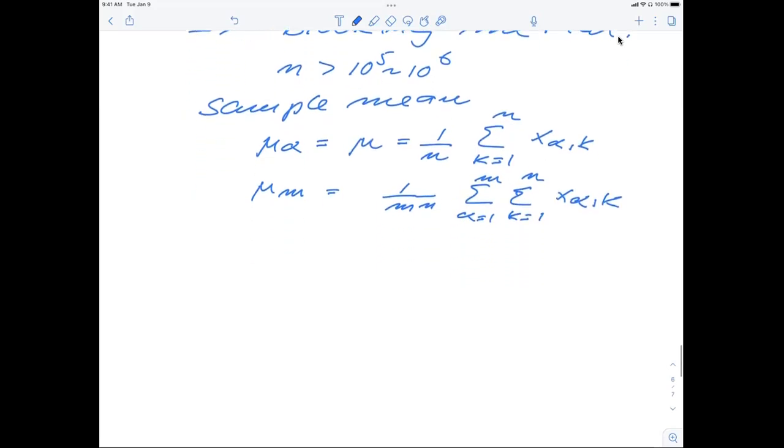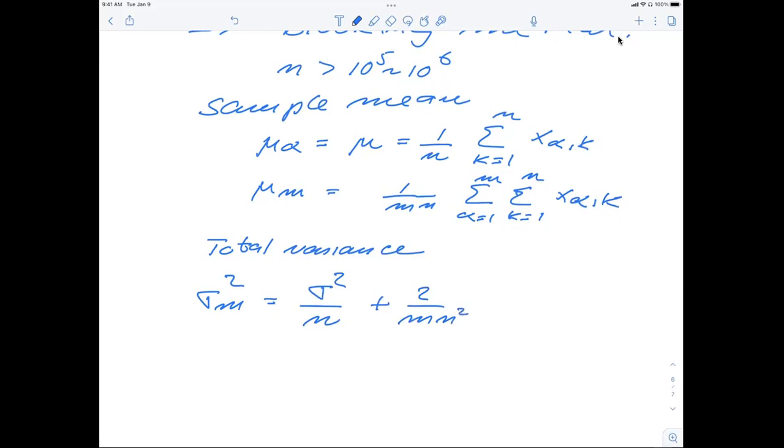Similarly, what we did was to define the total variance in terms of these individual observations. So what we had then was sigma of m squared, which is equal to sigma squared, the so-called sample variance of all the observations which we had, plus 2 over m n squared, and then a sum over alpha equal to 1 up to m.